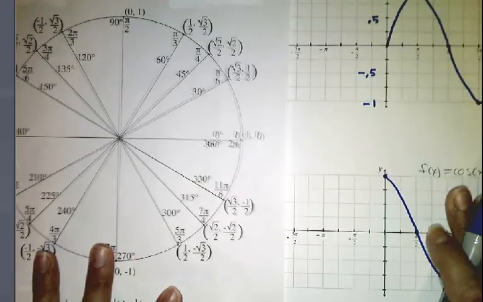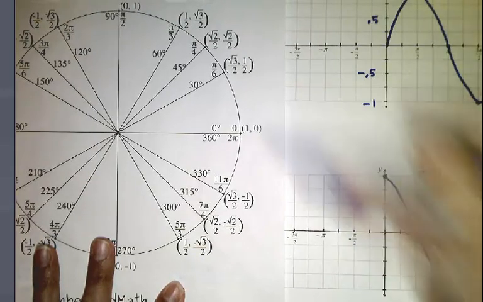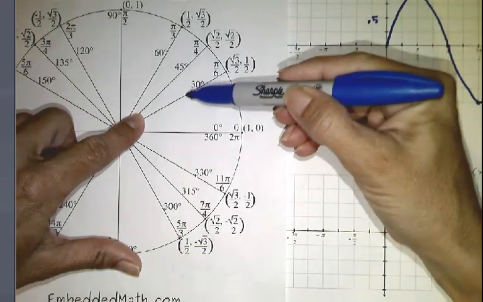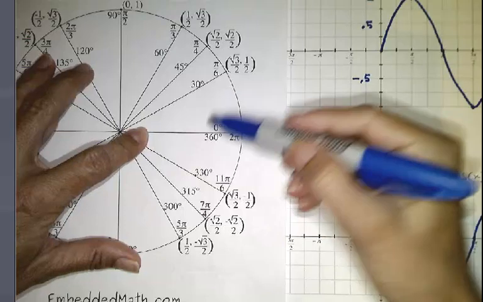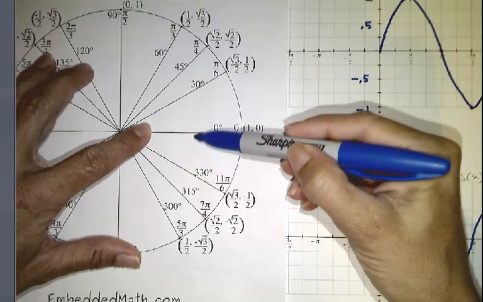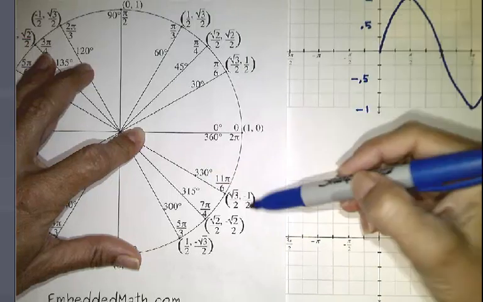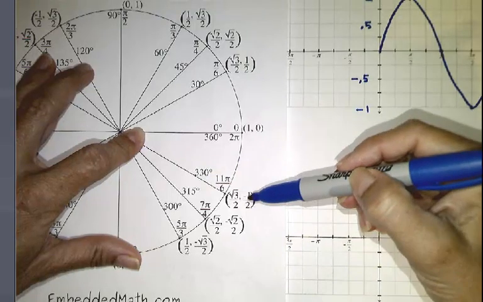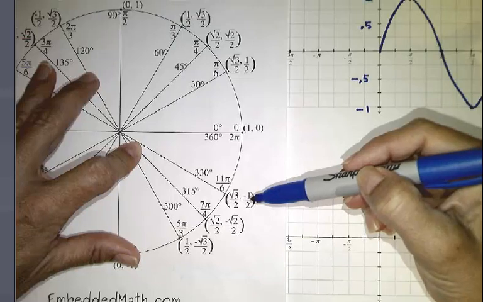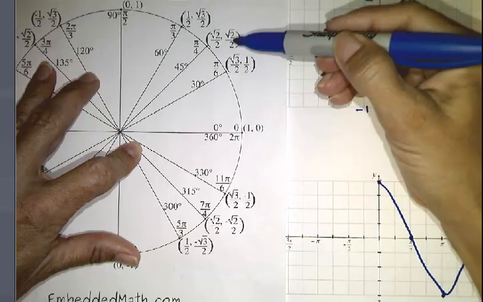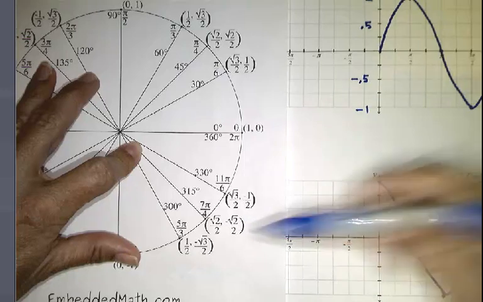Now, let's see what happens if I go to the left. Well, it's the same thing, except now we're going to go in a negative direction, right? So when I go negative 30 degrees, instead of being at 1/2, I'll be at negative 1/2. If I go negative 45 degrees, instead of being at the square root of 2 over 2, I'm going to be at negative square root of 2 over 2.